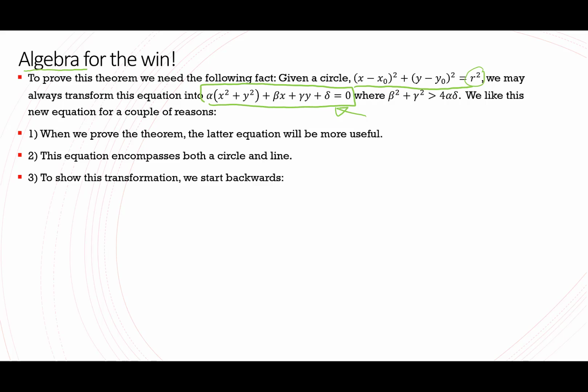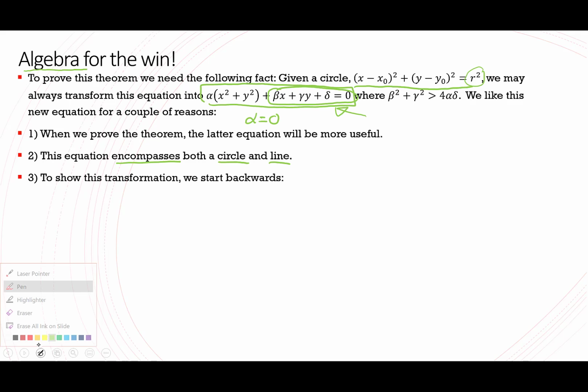Another positive is that it encompasses both circles and lines. If alpha is equal to 0, this is a linear equation in x and y. And if alpha is not 0, then this is our circle. So even though it's more complicated, it encompasses the 2 things our theorem is talking about, lines and circles.